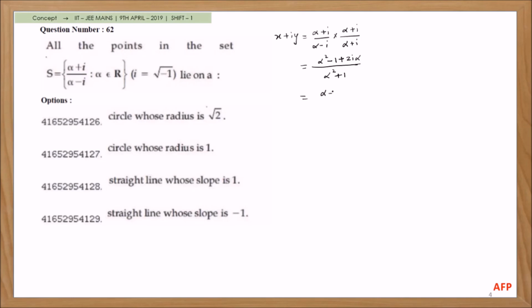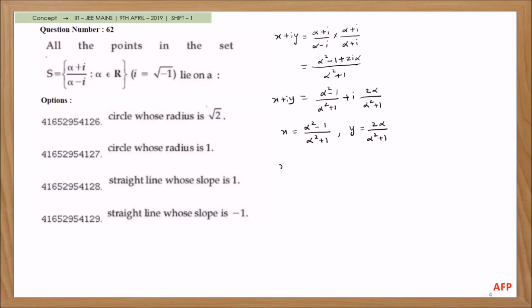You can split it as alpha square minus 1 divided by alpha square plus 1 plus i times 2 alpha divided by alpha square plus 1, which is x plus iy. So x is alpha square minus 1 divided by alpha square plus 1, and y is 2 times alpha divided by alpha square plus 1.